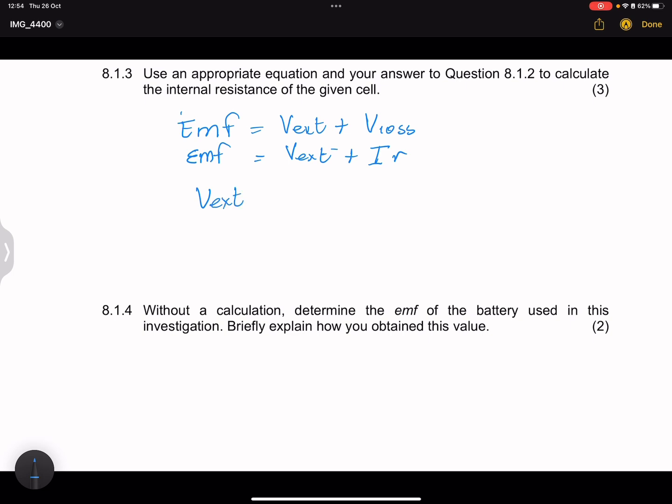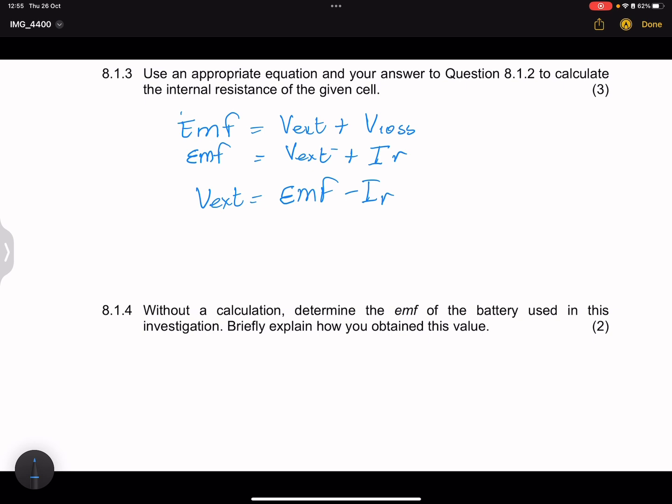V external is equal to I times R, or rather, in fact, it should be EMF minus I times R. So that's EMF minus I times R.